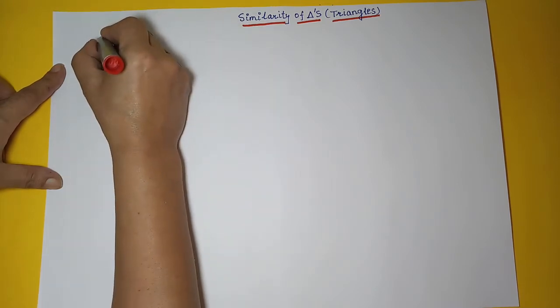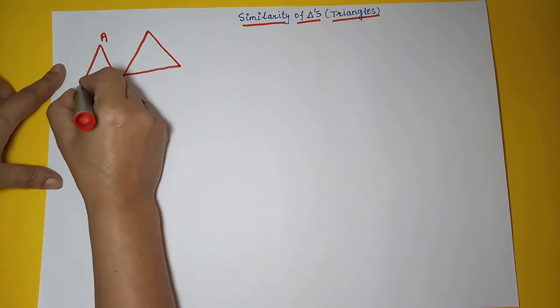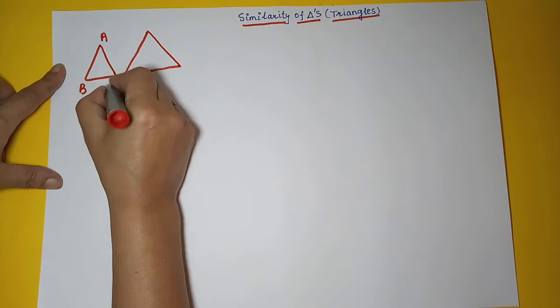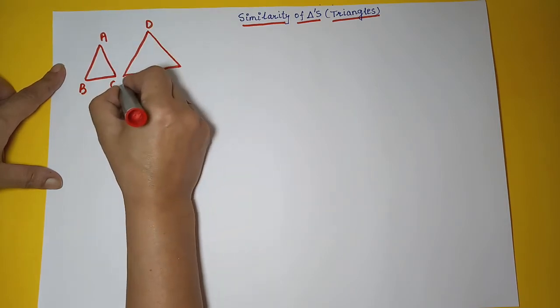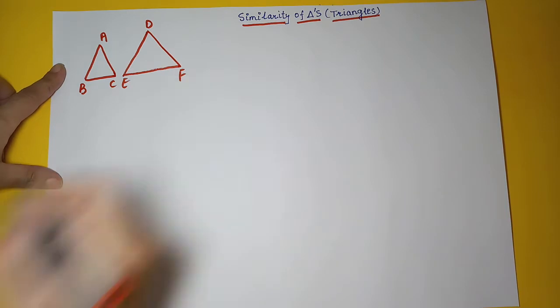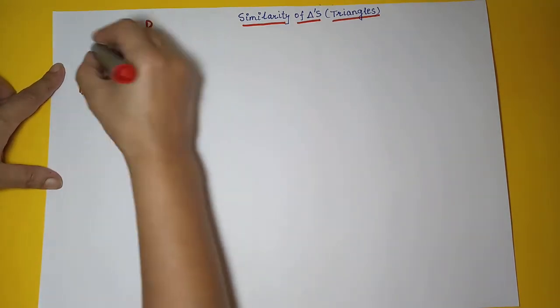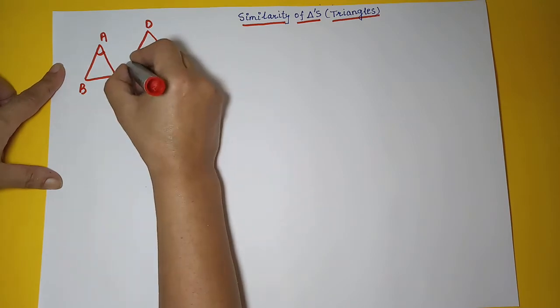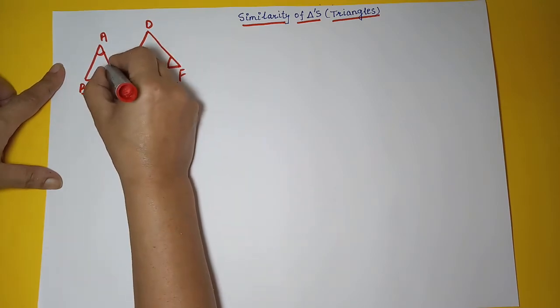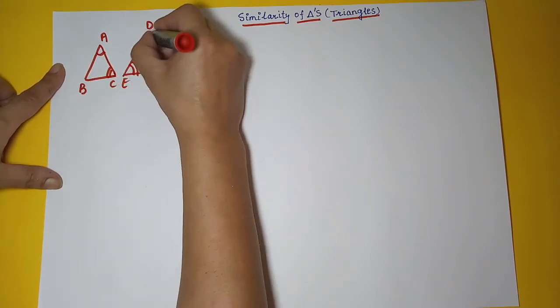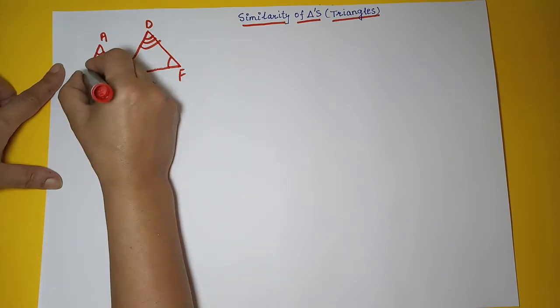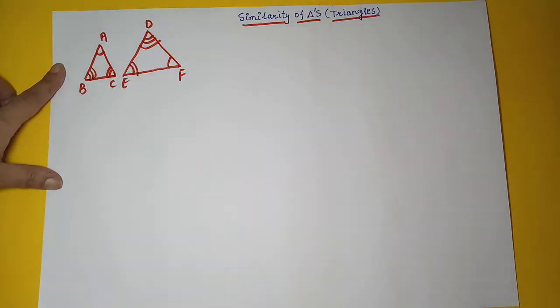So, let's consider a case here. We have two triangles, triangle ABC and triangle DEF. In these two triangles, we have angle F equal to angle A, angle E equal to angle C, and angle D equal to angle B, right?